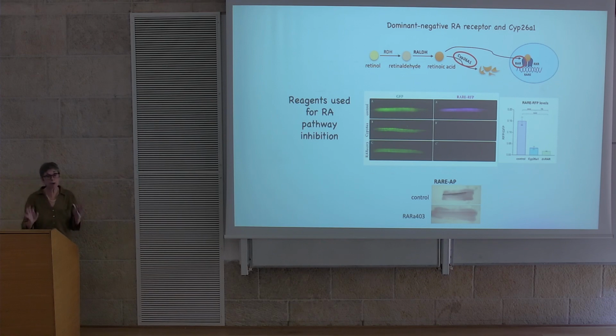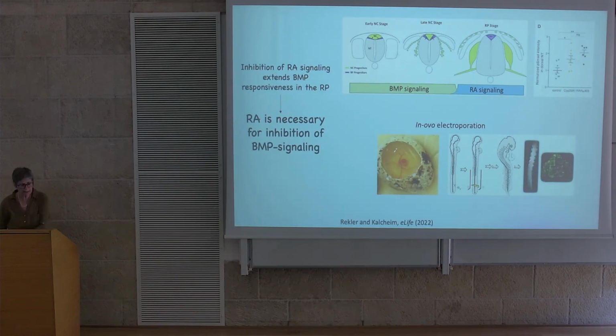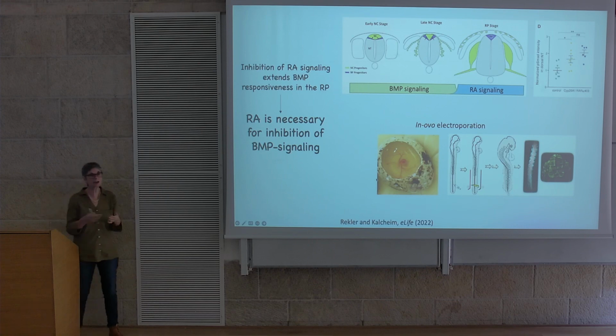So we have two beautiful tools to inhibit retinoic acid activity locally. And we do it, as I said, by electroporation. For those of you who never saw it, you open a window at day 2 in the egg, and you can put this poor embryo into a kind of electrical chair.